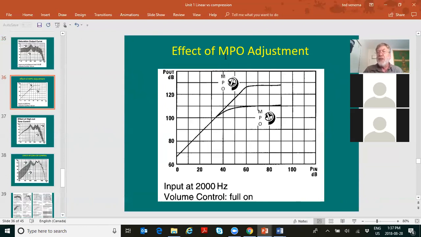If my input is 10 and my gain is 80, what's my output? 90. Well, that's not an MPO, that's low. So nothing is going to happen with soft inputs. But when you start to get to moderate level inputs, now the MPO adjustment has an effect. Whereas for soft inputs, there's no change.